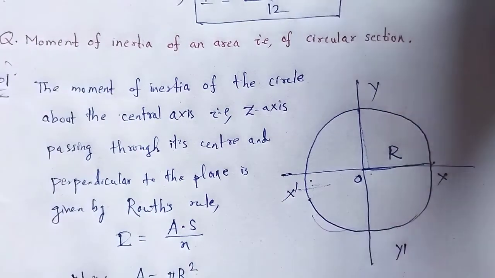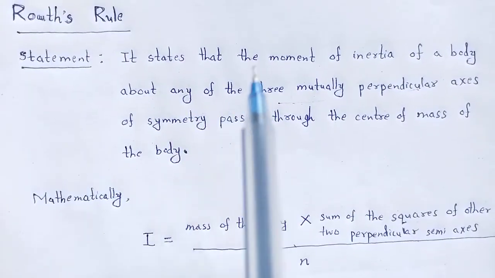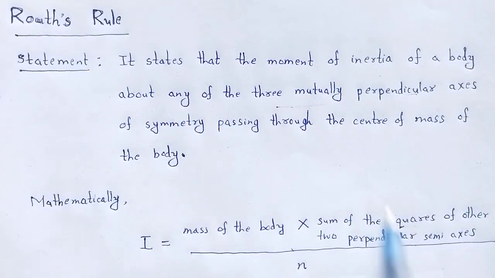So, with the help of this video lecture, we understand the concept of what Routh's rule is. Remember, Routh's rule is used for symmetrical bodies. We find the moment of inertia, or the area moment of inertia, only for symmetrical bodies.